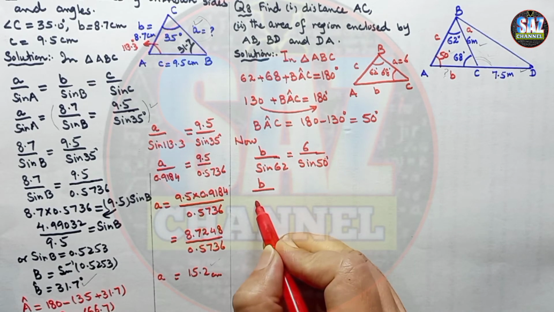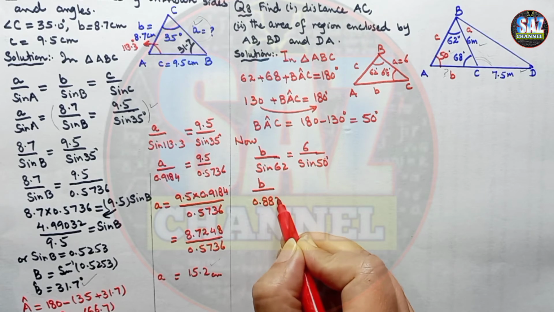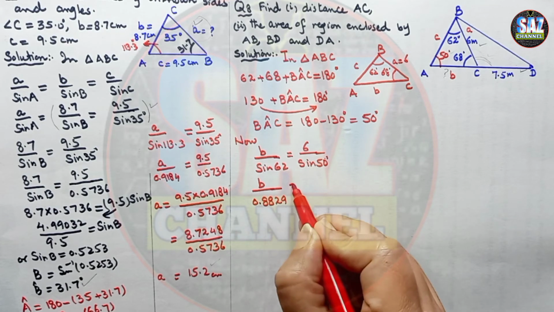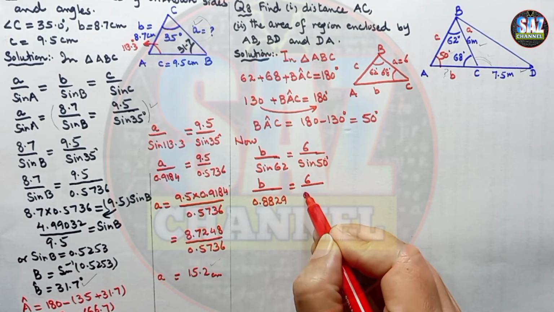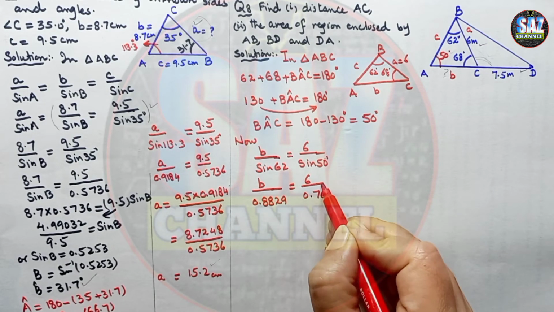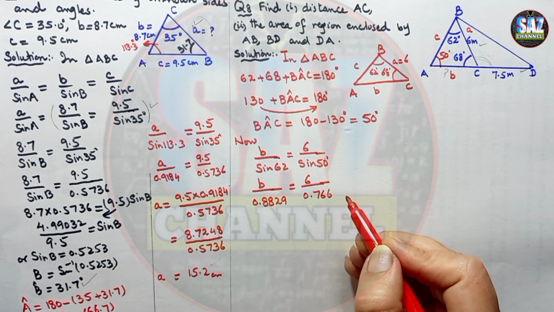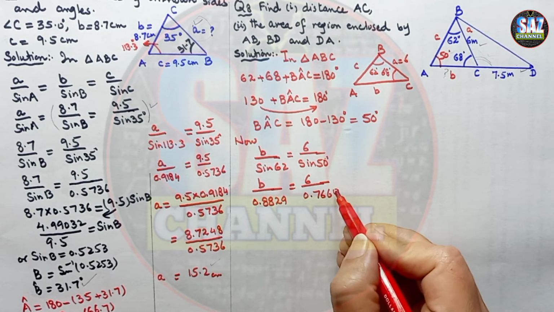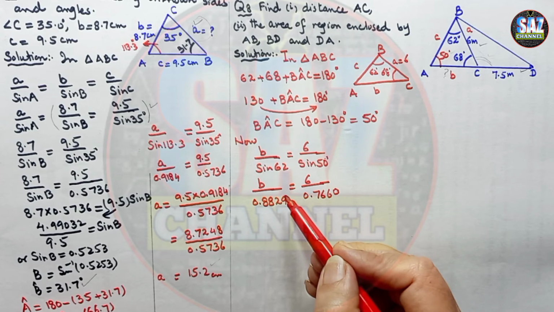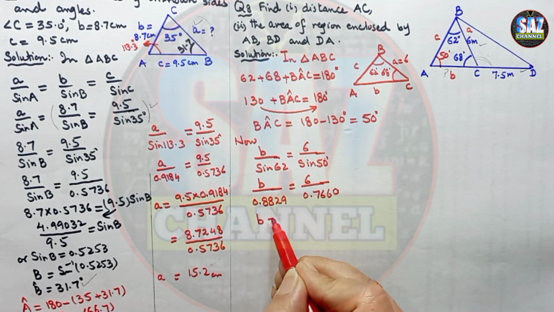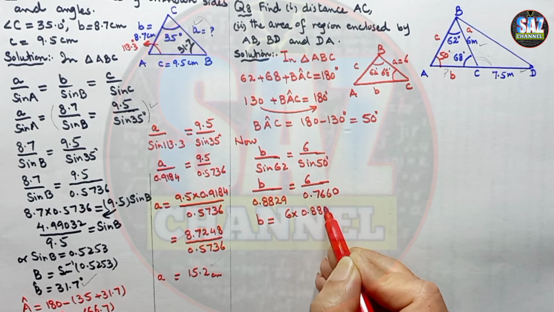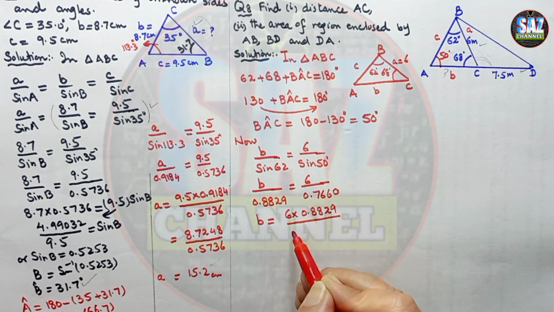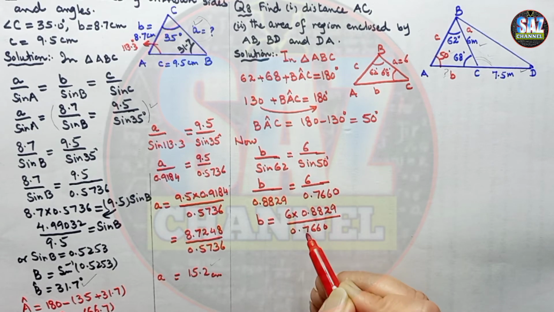B upon 0.8829 equals 6 upon sine 50, and sine 50 will give me 0.7660, because the next digit is 4, so I will be taking it as it is. Now we have to go for cross multiplication. B will be equal to 6 multiplied by 0.8829 upon 0.7660.